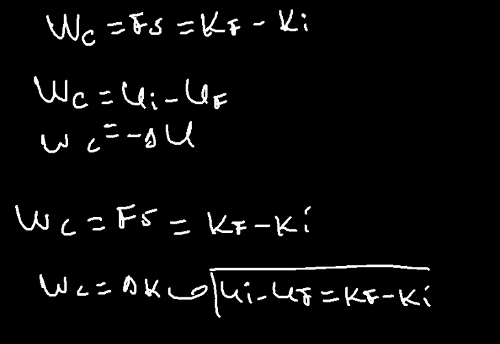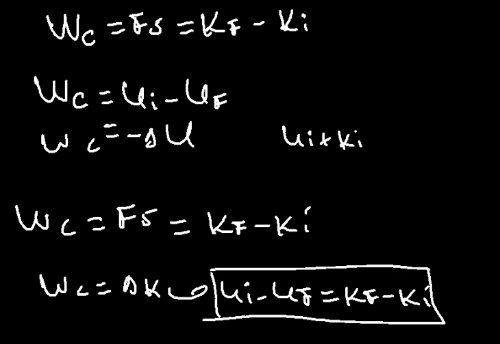If that is the case, let's bring the initials together and the finals together. We'll have the initial potential energy plus the initial kinetic energy equal to the final kinetic energy plus the final potential energy.